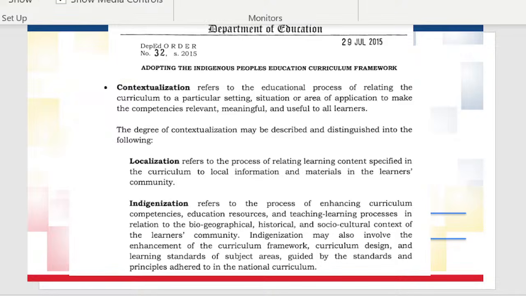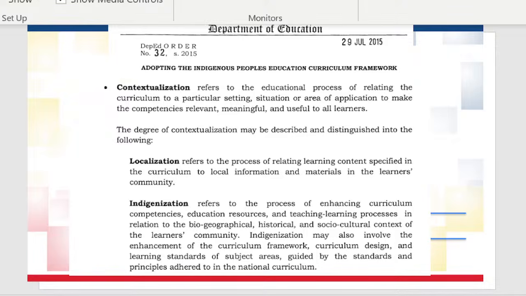Indigenization refers to the process of enhancing curriculum competencies, education resources, teaching and learning process in relation to the biogeographical, historical, sociocultural context of the learner's community.